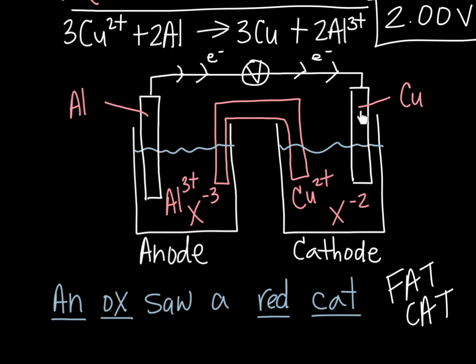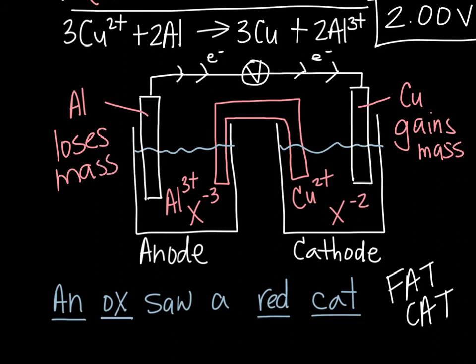They're pointing towards this electrode right here, so that means the copper electrode gains mass. We put that over here on this side: gains mass. Therefore the aluminum electrode is going to lose mass. So this one loses mass.